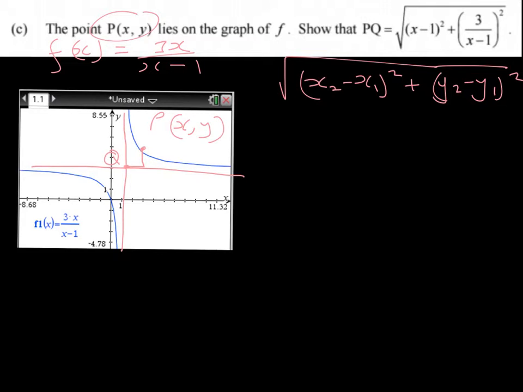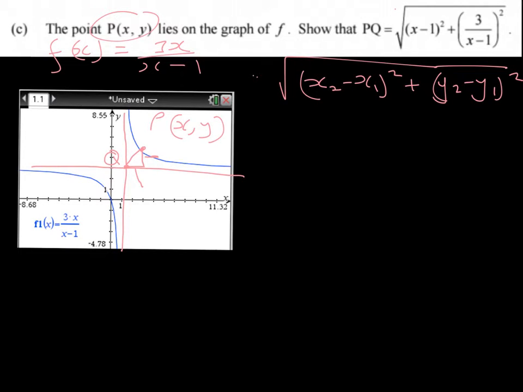And we can see that makes sense. This distance here at the base is going to be the difference between the x's. This distance here is going to be the height, the distance between the y's, and we can just use Pythagoras then to find this distance here. So we have a generic point x and y, so we need to look at how we can get from this formula into here.